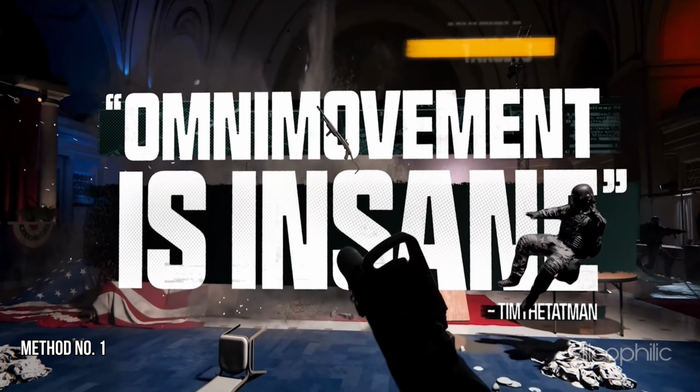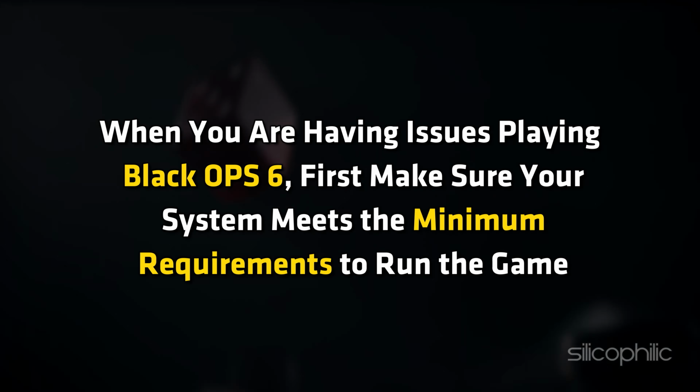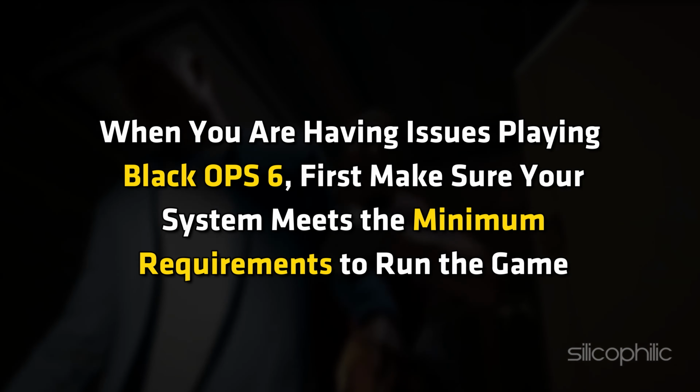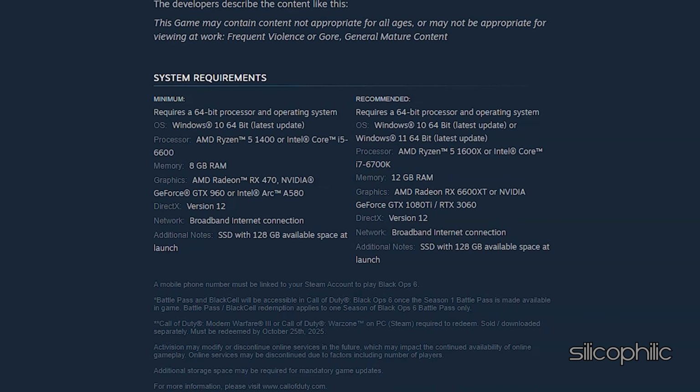Method 1. Check system requirements. When you are having issues playing Black Ops 6, first make sure your system meets the minimum requirements to run the game. Here are the system requirements for the game. Minimum requires a 64-bit processor and operating system. OS Windows 10 64-bit. Processor AMD Ryzen 5 1400 or Intel Core i5-6600.